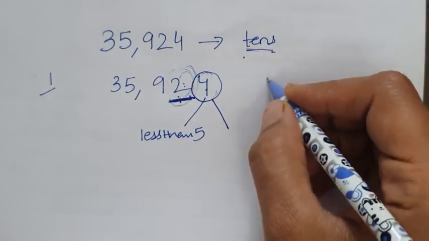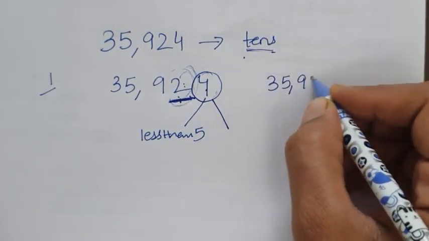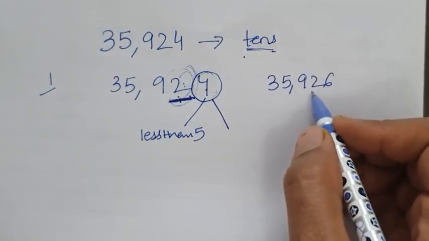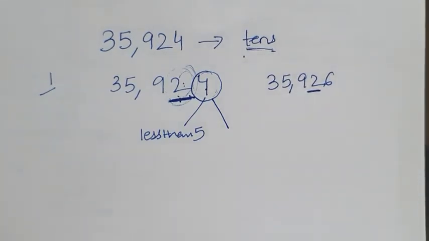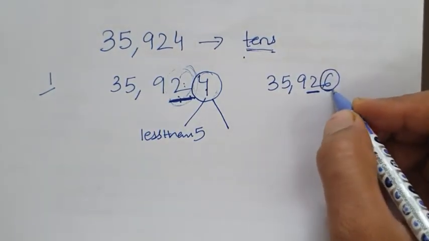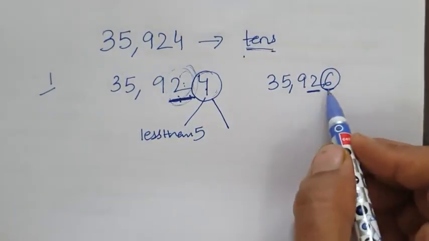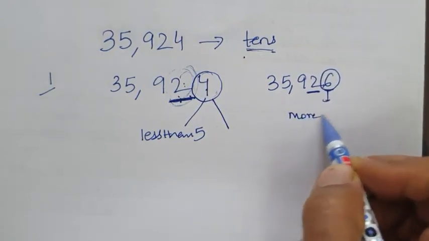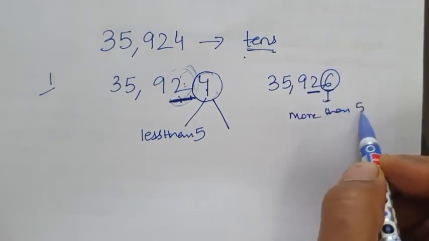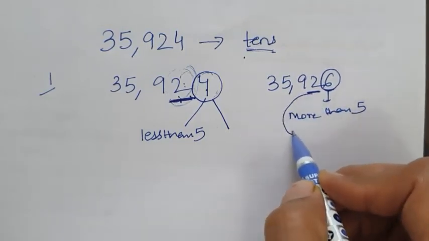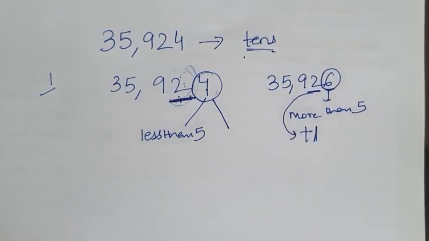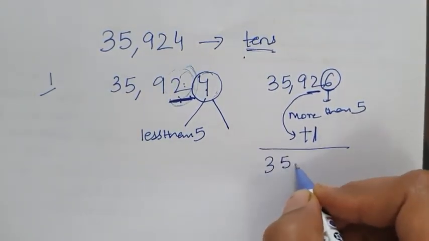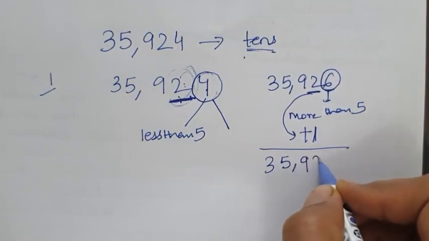But let us suppose we are having this number and we have to round off to the nearest tens. Underline this digit, then circle the digit just next to it. Now since this is not less than 5, this is more than 5, what we will do is add 1 to the underlined digit. So what we get? 35,930.